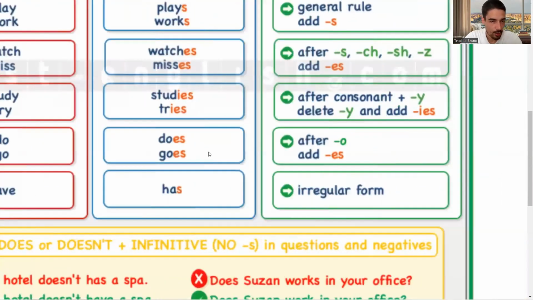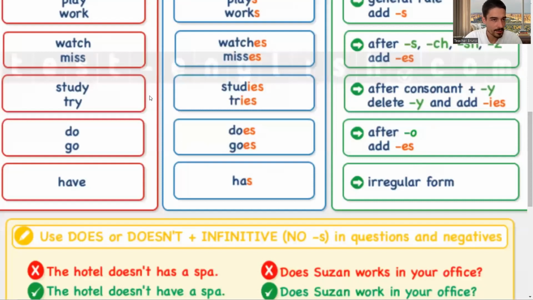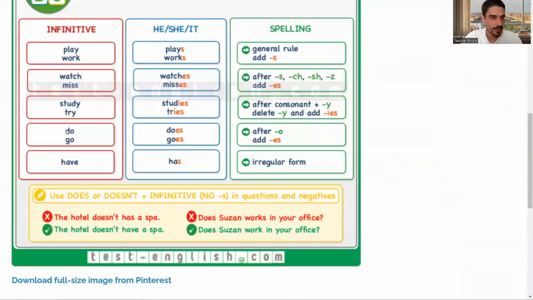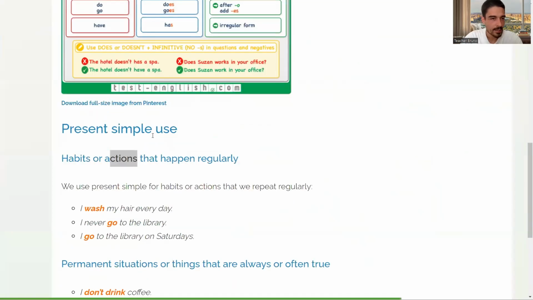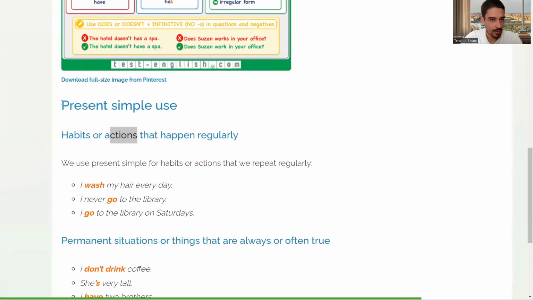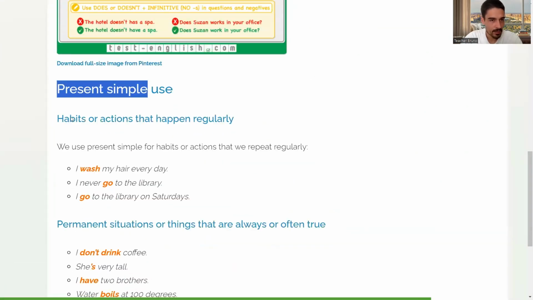If it ends in o, es: do, does, go, goes. Have is an irregular verb and it has its own form. I have, you have, he, she, it has. So it's an irregular verb. And this is the verb conjugation for present simple.